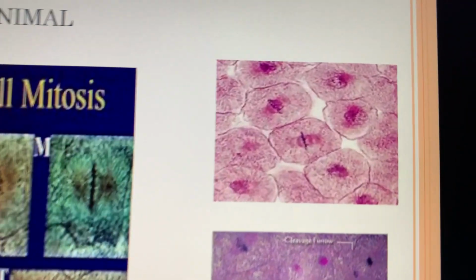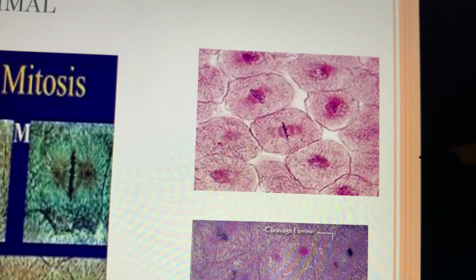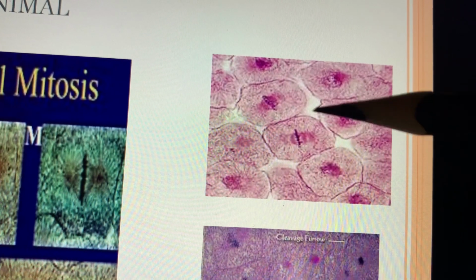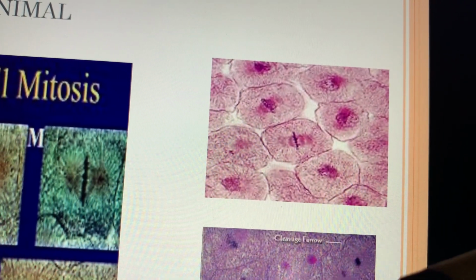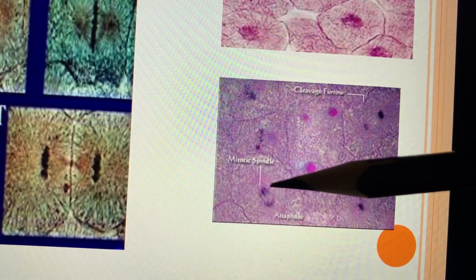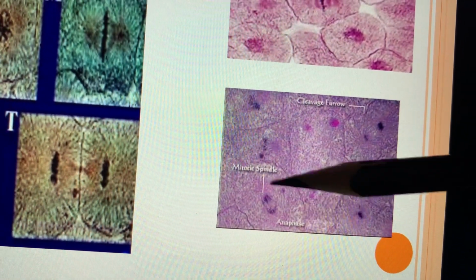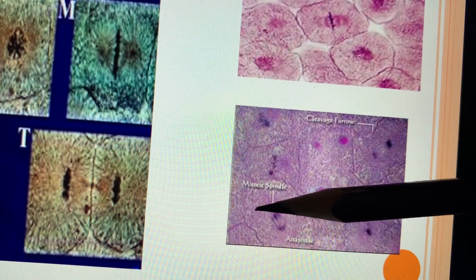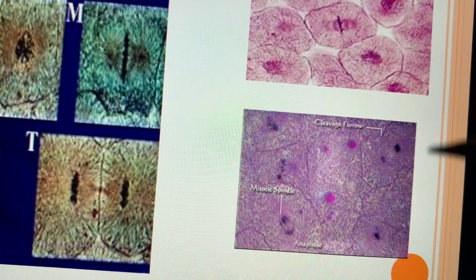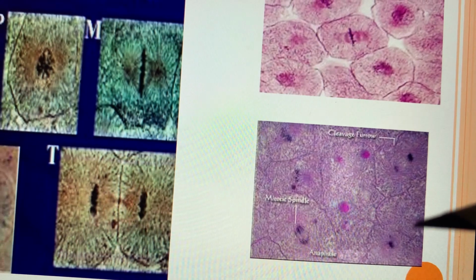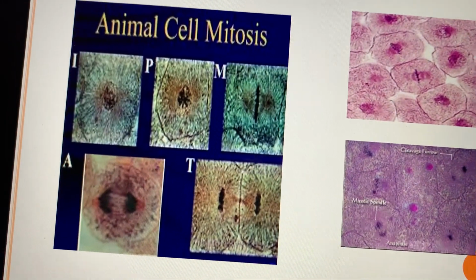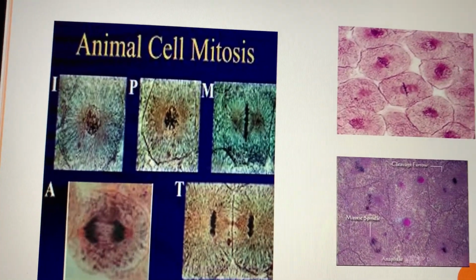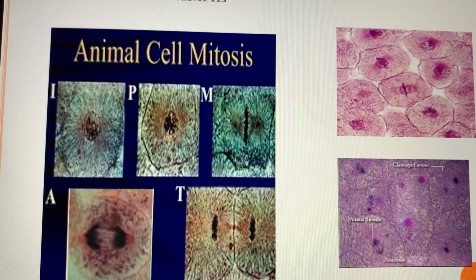For example, if I give you this picture, you will tell me that this is an animal cell and this is metaphase, mitosis metaphase, like this one over here. You will tell me that this is an animal cell, this is not a plant, and this is anaphase, and this is mitosis, not meiosis. So, recognize each phase, okay? This is the aim of the lab.